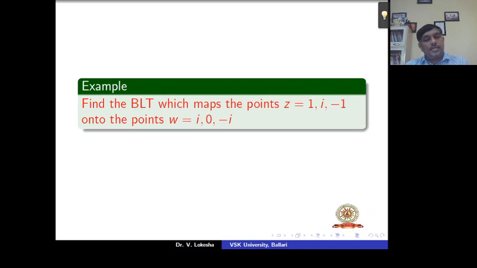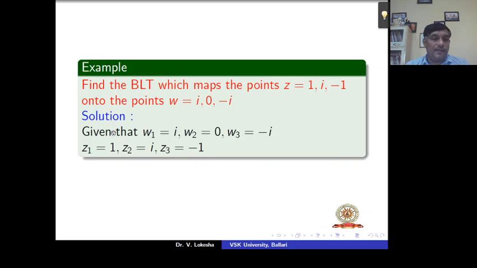Now we will give some examples related to bilinear transformation. Find the bilinear transformation which maps the points z equal to 1, i and −1 onto the points w equal to i, 0 and −i. That means 1 goes to i, i goes to 0, and −1 goes to −i.